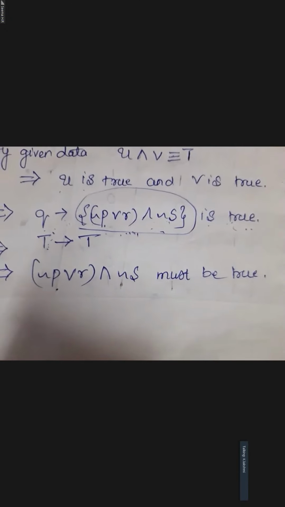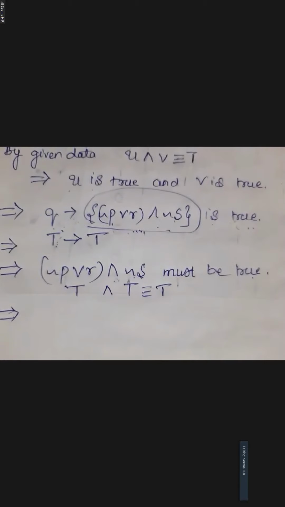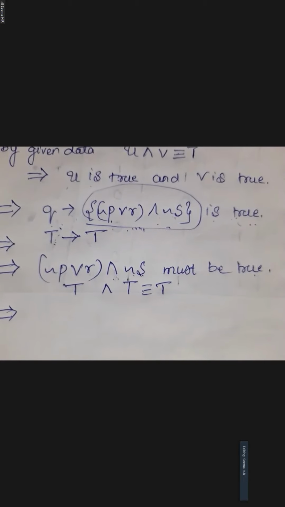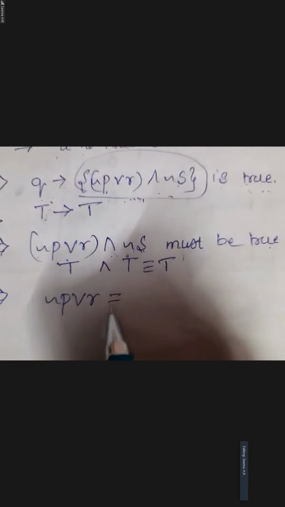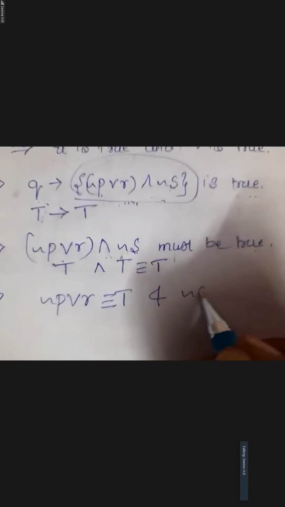Do you agree with me? Yes, ma'am. So what does this imply? Again, this is the conjunction. Since this is the conjunction, negation of P, R and negation of S is true. Means obviously this part should be true and this part should be true. Then only the entire value will become true. What do you say? Yes, ma'am. Do you agree with me? Yes, ma'am. So this implies that negation of P, R is true and negation of S is true. Correct?